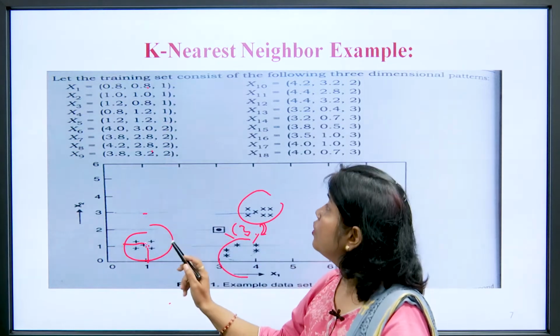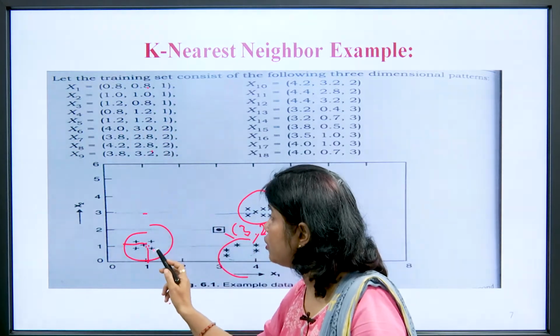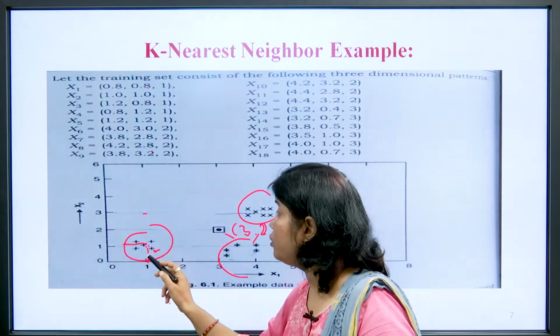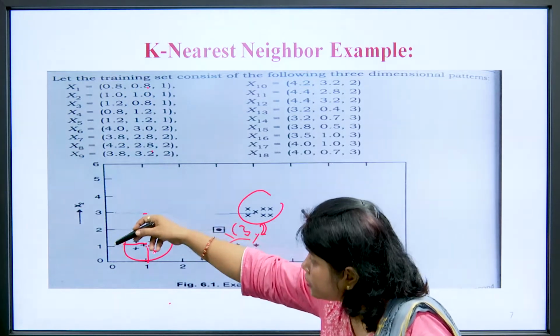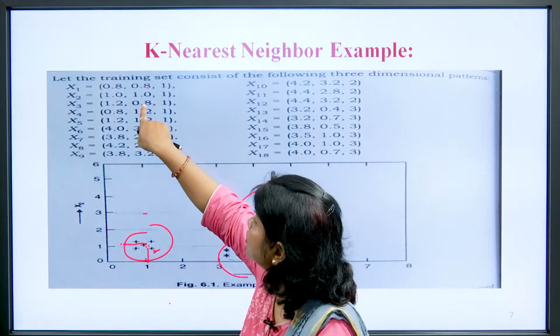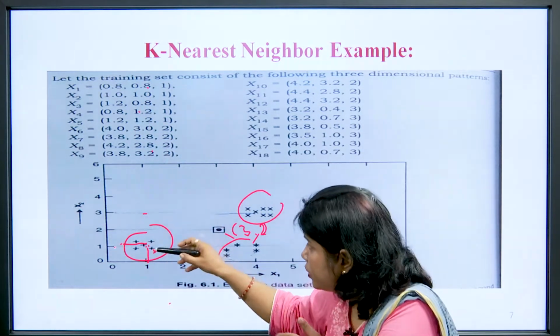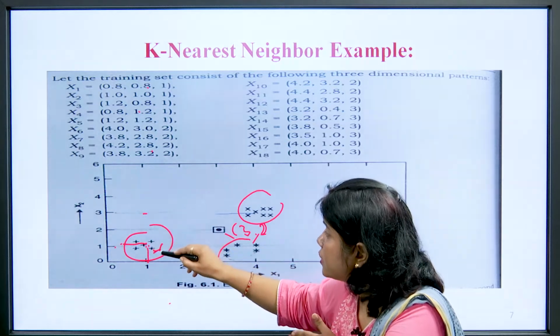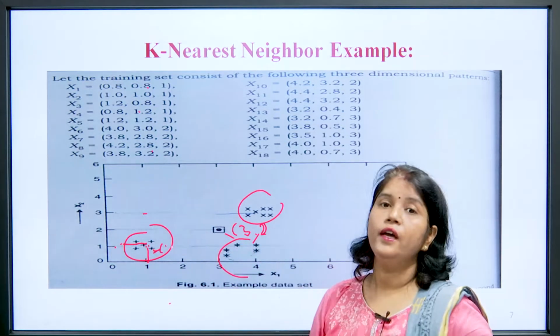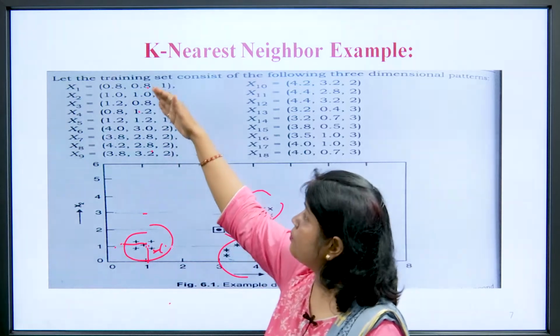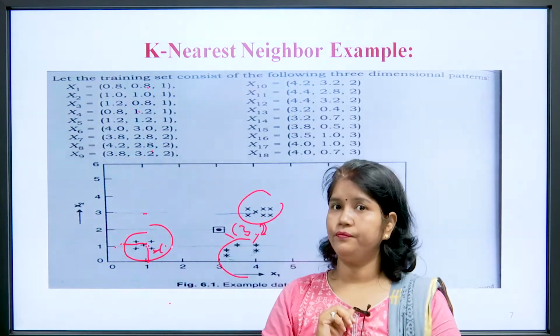So, 1.2 means we are talking about this data point, 1.2 in the x direction and 0.8 in the y direction, just below 1. In the same manner each data point is given.